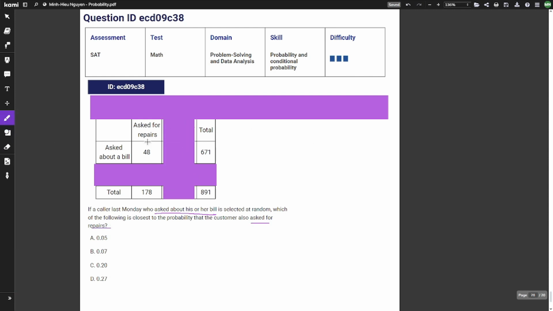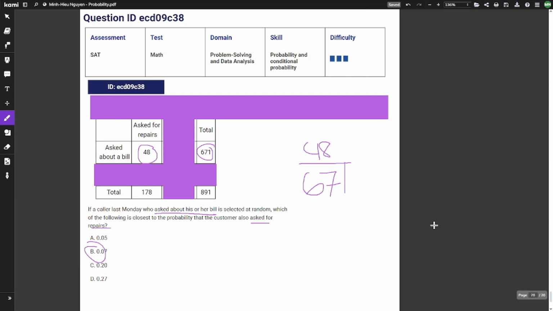That means our top number is going to be 48. And that's going to be over the total number of people who asked about their bill, 671. 48 over 671. Okay, that's 0.07, which is B.